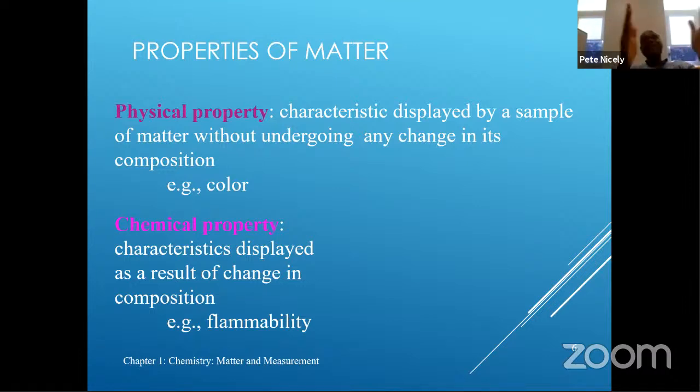So can anybody give another example, maybe two examples of chemical properties displayed by substances? Anybody?